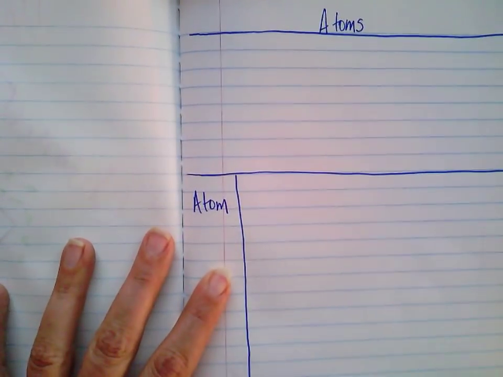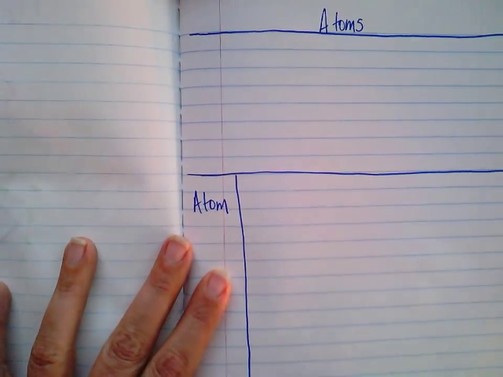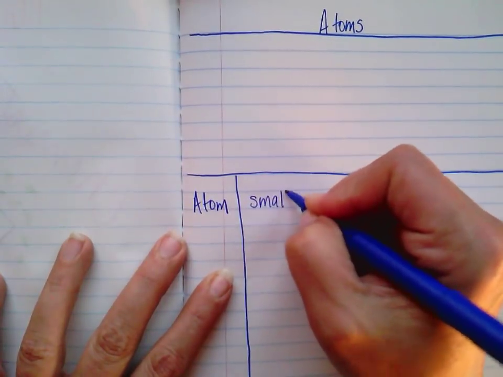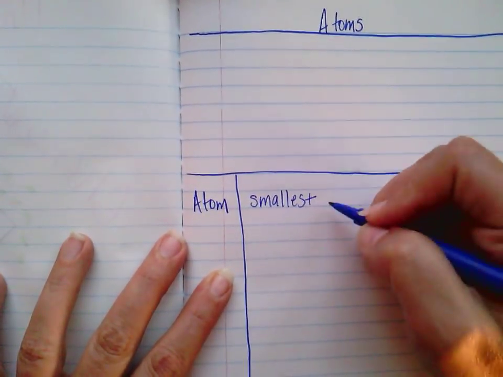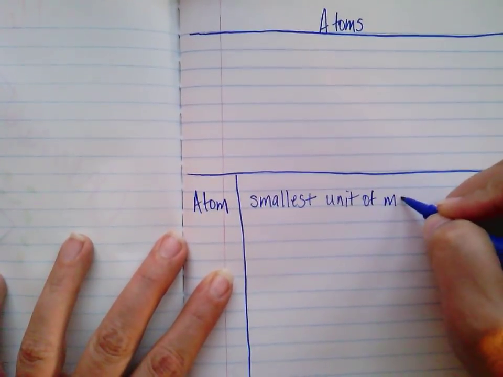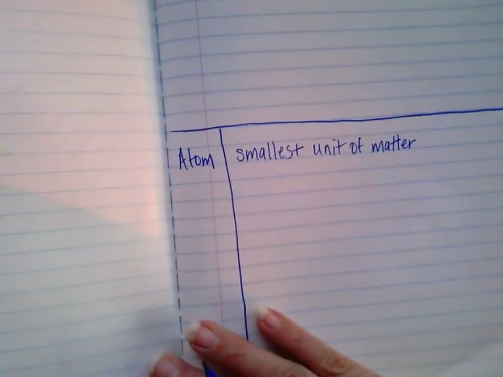All right, the atom is the smallest unit of matter. So I want you to write down what I write down. All right.